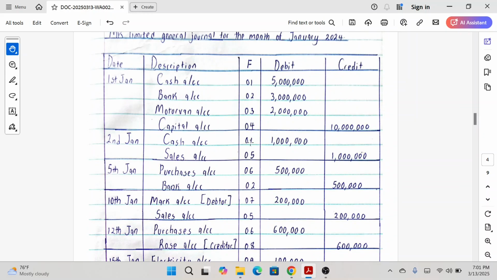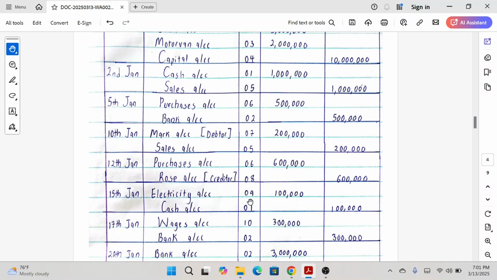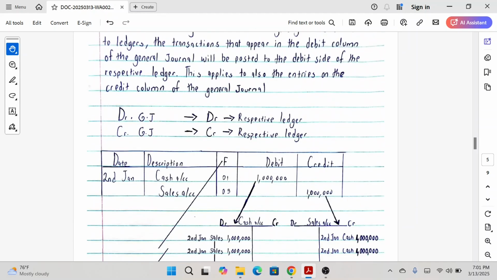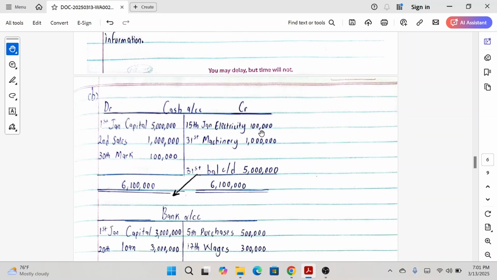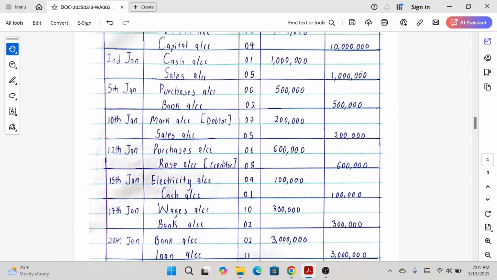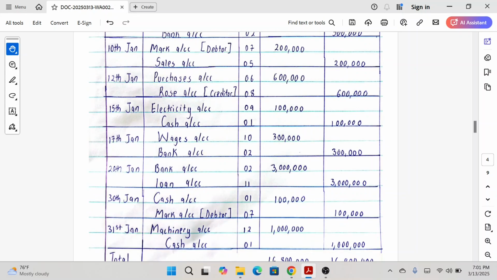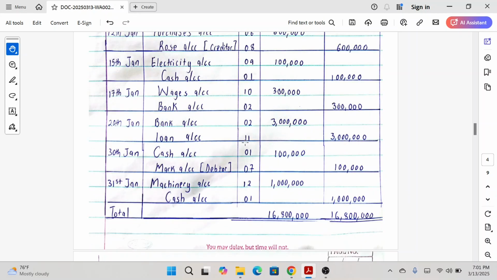We have finished sales. We're looking for another one. We have electricity. Electricity on cash is on the credit side. So we go on the credit side, and we put the electricity of 100,000. Then we look for another one from the folio. We have finished electricity, so we look for another one. Another one is here. We have the debtor, and it's on the debit side.